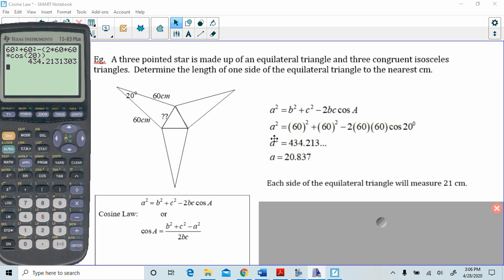Okay, so we get that number, which is the same as this, but again, we have to square root it. So just put that whole number in, close our bracket, and round when we're done. Okay, so we get to 21 centimeters. So one of the side lengths of the equilateral triangle is 21 centimeters.